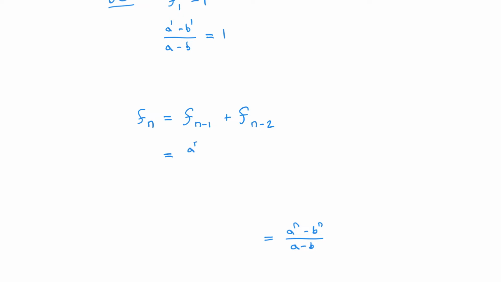So we would get a to the power n minus 1 minus b to the power n minus 1 over a minus b plus a to the power n minus 2 minus b to the power n minus 2 all over a minus b.